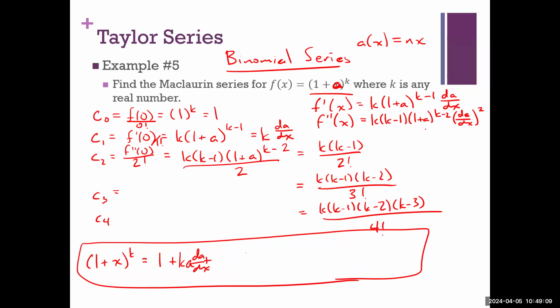If I plug in 0 for a, I should get k times k minus 1 times 1 times da dx squared times a squared, all over 2 factorial.